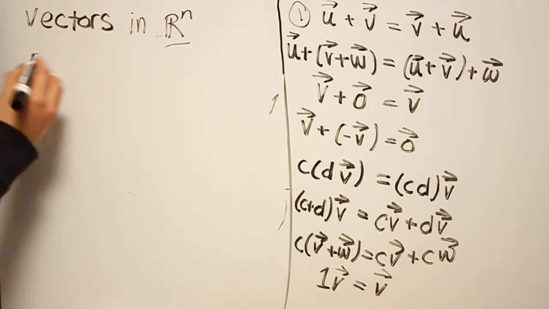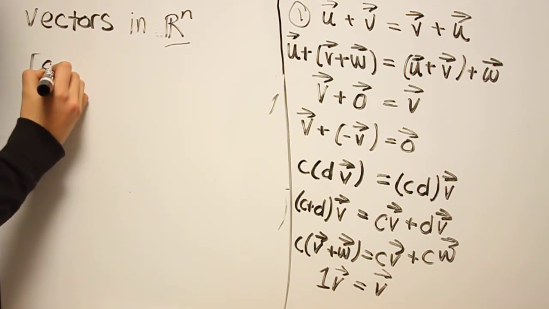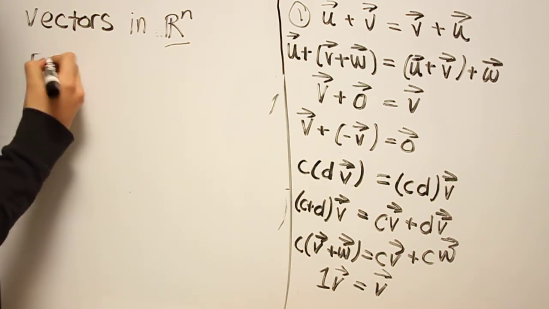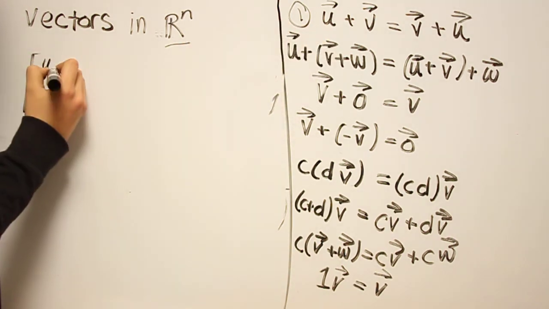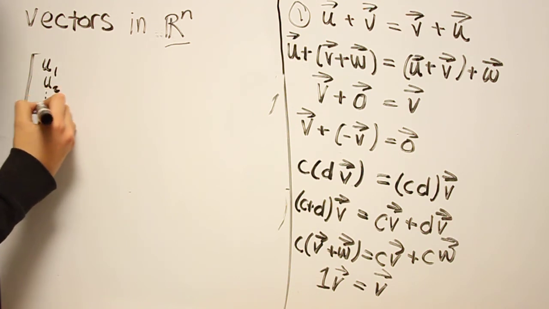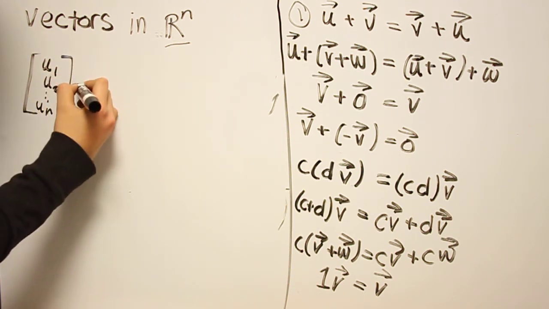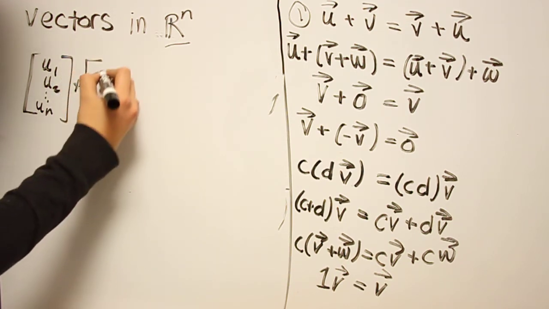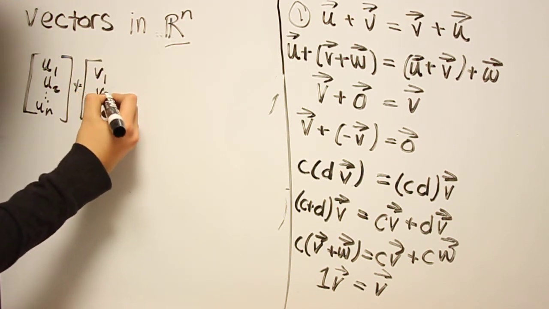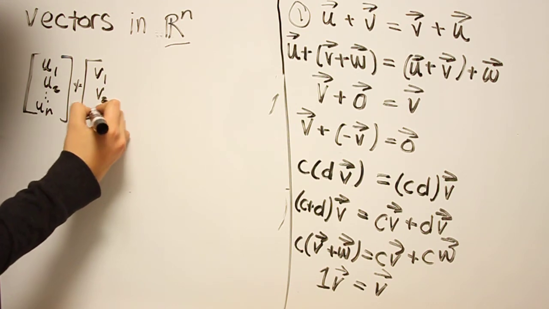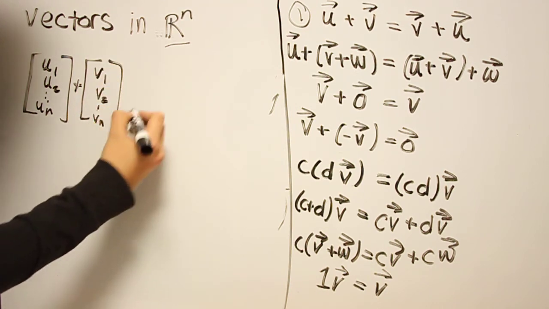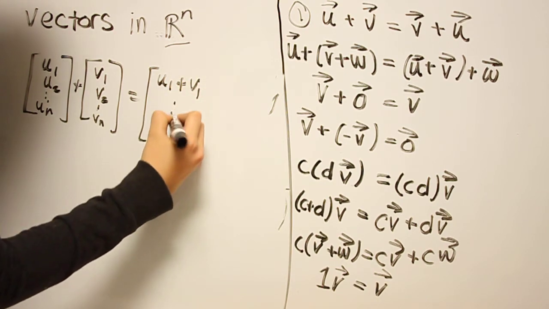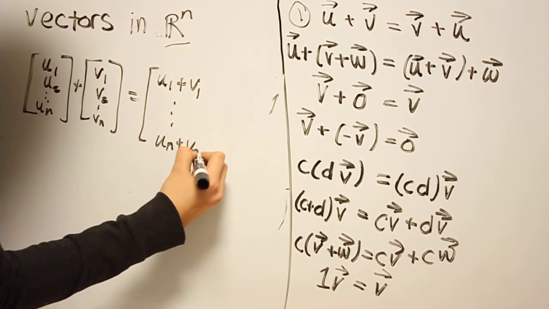So we have, I'll be consistent, and since that vector is called vector u, I'll do u1, u2, un, and of course these again only make sense if they're in the same dimension. We have v1, v2, vn, and that is equal to u1 plus v1, un plus vn.